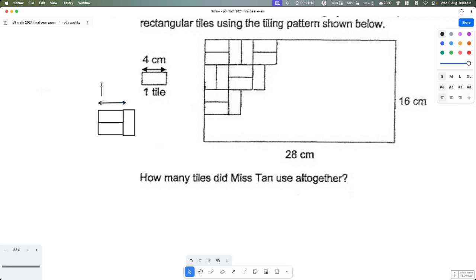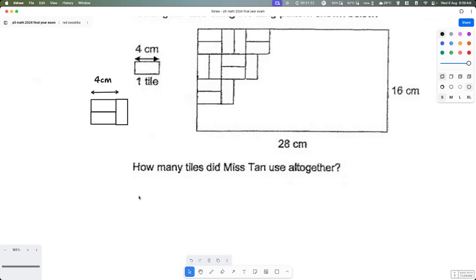This is 4 centimeters. Tile length is equal to 4 centimeters. We also know that this is 4 centimeters. This one also is 4 centimeters.